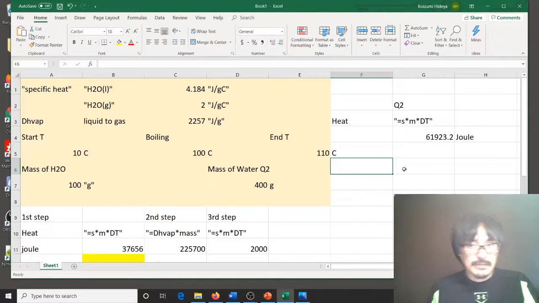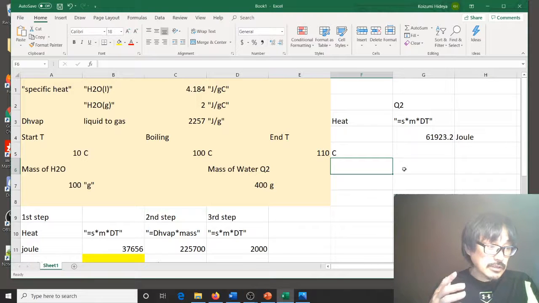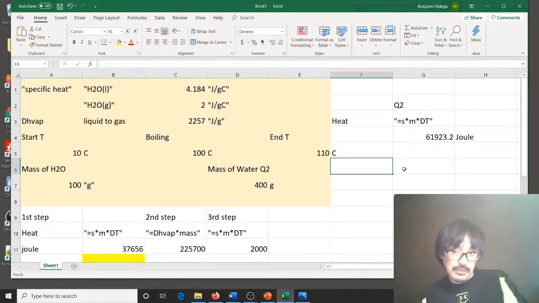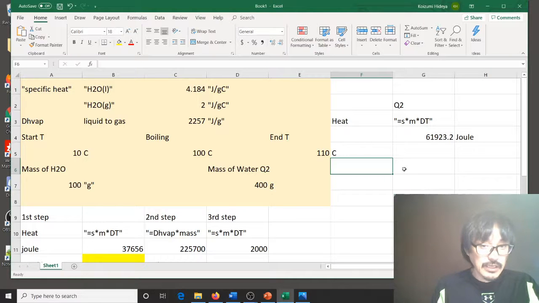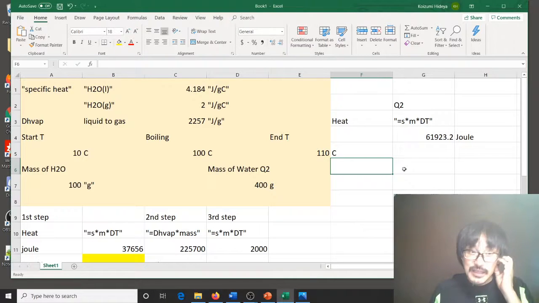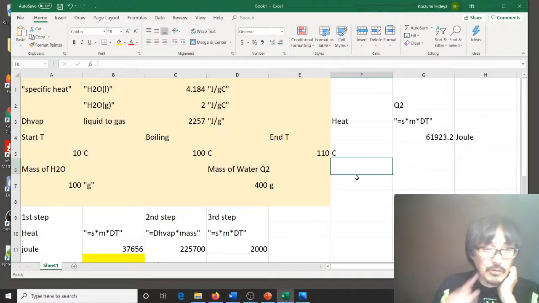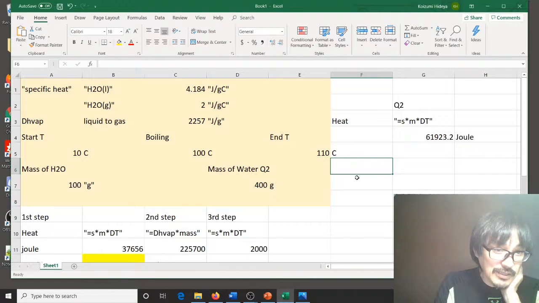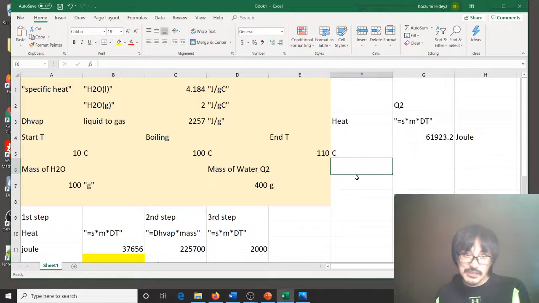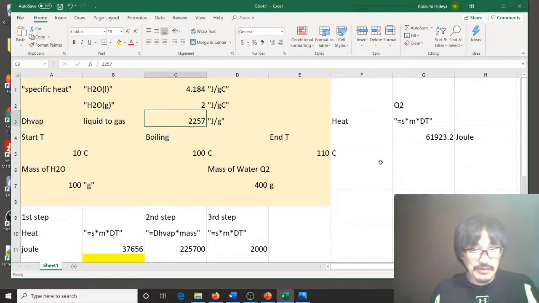Now the second way is removing the heat from the body by sweating, right? Sweating is converting the liquid sweat to gas phase water, right? So we are going to use this number right here.